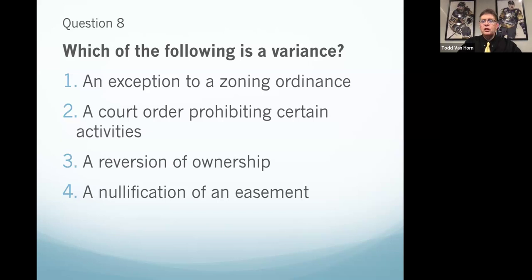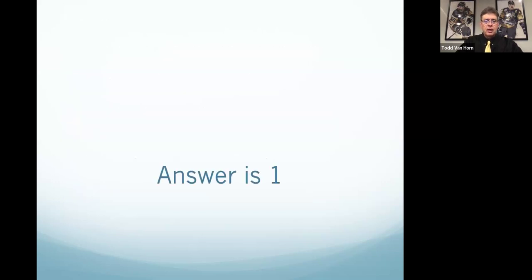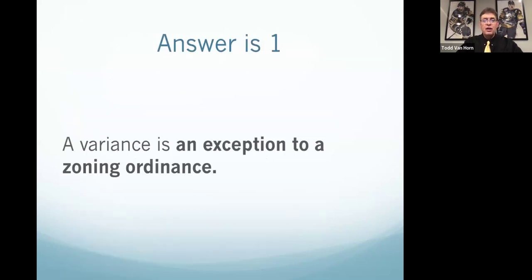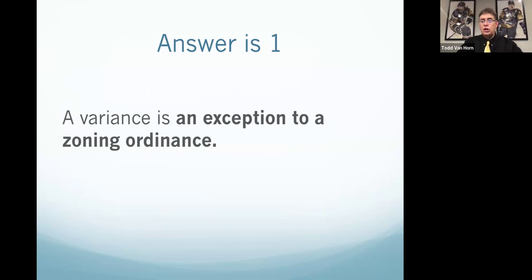Again, you're looking for almost a definition of a variance here. I definitely want you to know this word for your tests. Okay, your answer for number 8 is number 1. A variance is an exception to a zoning ordinance.